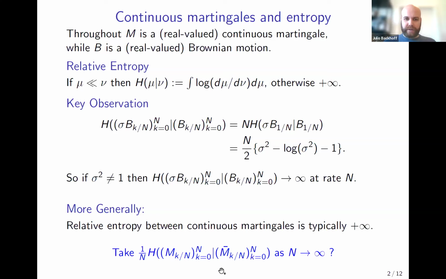We compare the relative entropies of these random vectors in n time steps, and now we normalize by n, and we hope to go to the limit. In the computation, that would have given us the expression in parentheses. So maybe this is a reasonable thing to do also for other more general continuous martingales. This is the intuition why scaling makes sense for martingales in continuous time when we compute relative entropies.